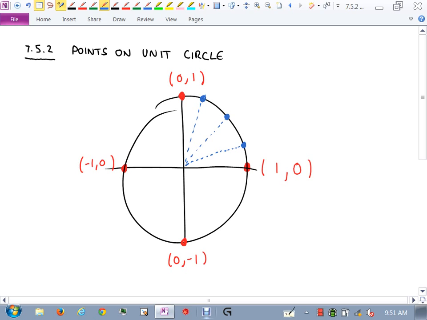I'm going to tell you what each one of those are, and you need to memorize these, all right? For the first quadrant, it's the only quadrant you have to memorize. This one right here is square root of 3 over 2, 1/2. Do those look familiar?